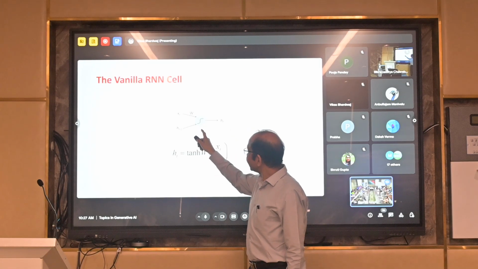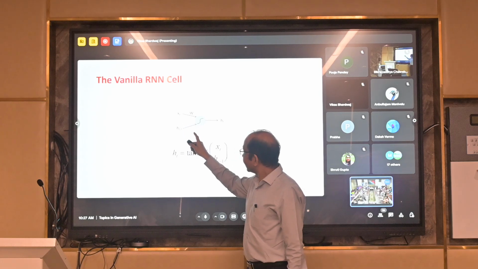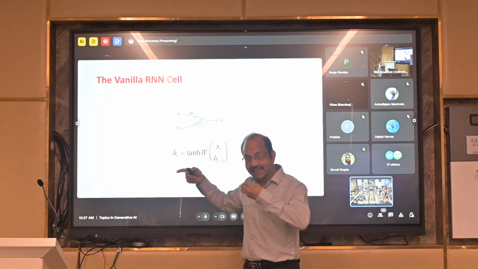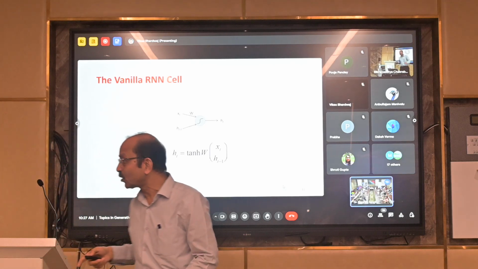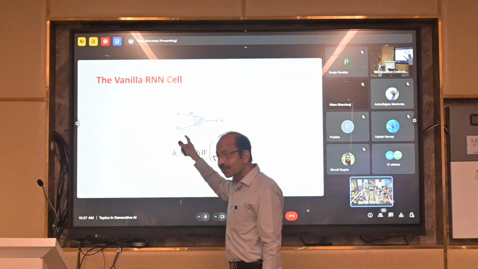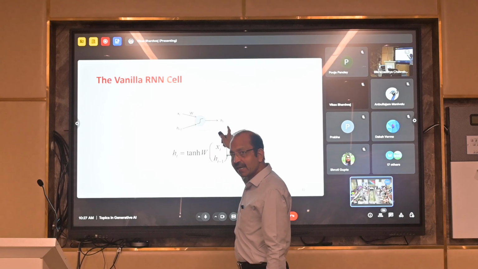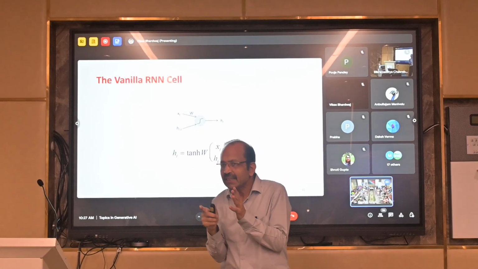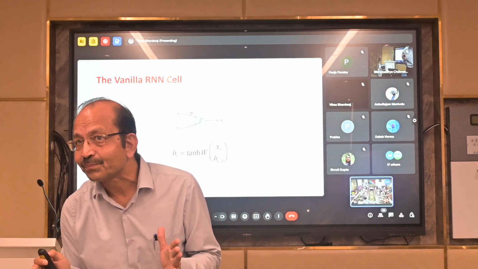So you can see that at time t, the input is xt and you are getting the state after the input of xt minus 1, that is st minus 1. This is going as an input, and you are going to have output st. So you can think of this as a recursive architecture.